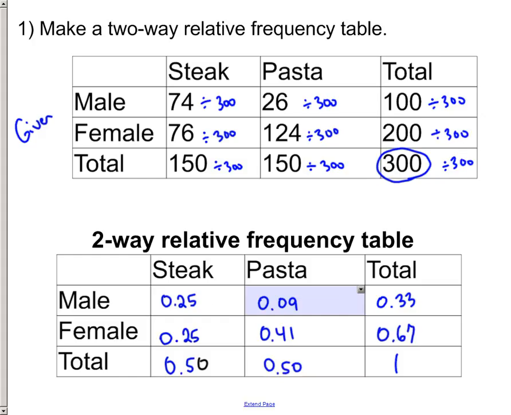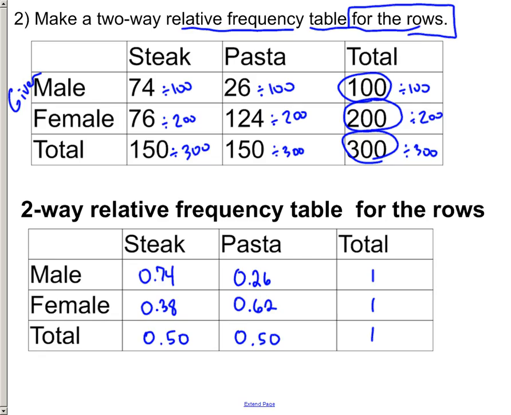Make sure you round if needed. Be careful though, sometimes they don't want you to round to two places. They might ask you to round differently. If they say make a relative frequency table for the rows, use each row total to divide each row. So this 100 divided this entire first row for the male information. The 200 here was the total for the row of females, so everything's divided by 200, and so forth.